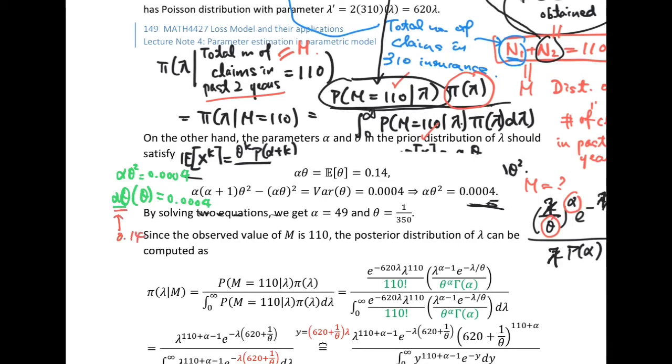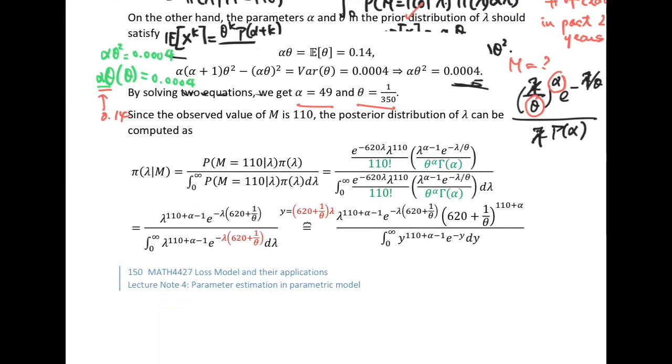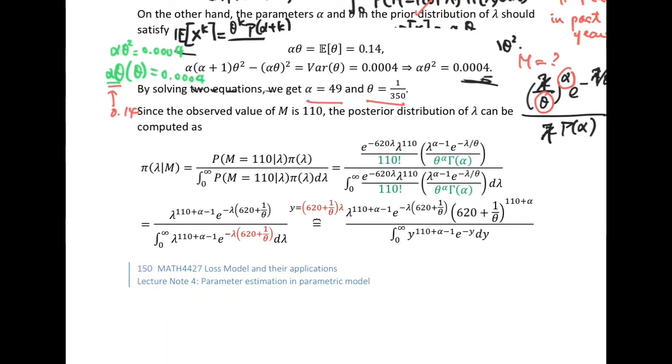Then you only have a single equation for theta, and you get this answer immediately. Similarly, alpha will follow automatically. Once you get all this, now you can go back to the posterior distribution.